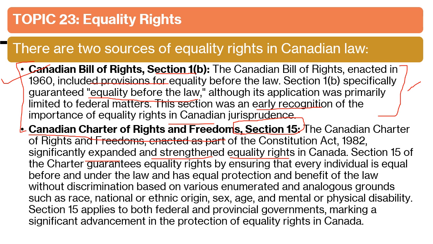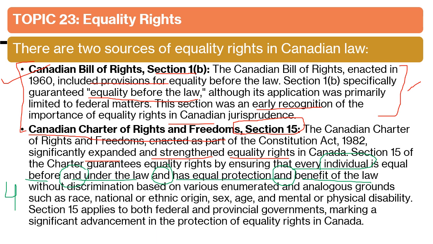So the Charter guarantees equality rights under section 15 by ensuring that every individual, every human being, every person, is equal before the law, under the law, and has equal protection and benefit of the law without discrimination. You have to read these words, because they provide four different kinds of equality rights. First, every person is equal before and under the law.